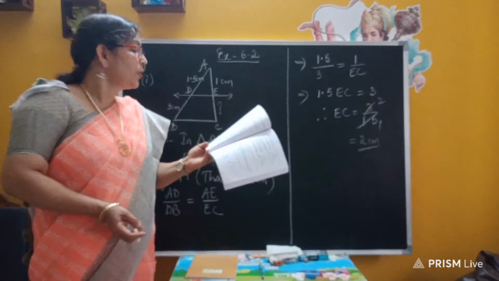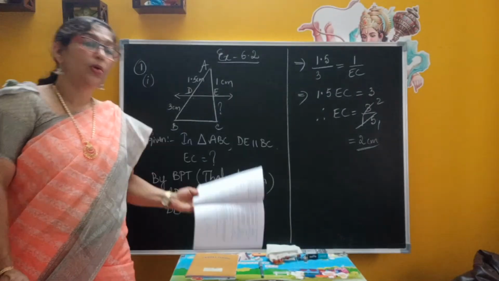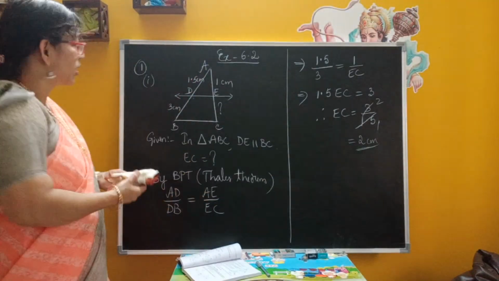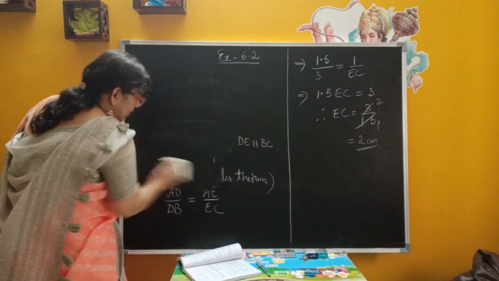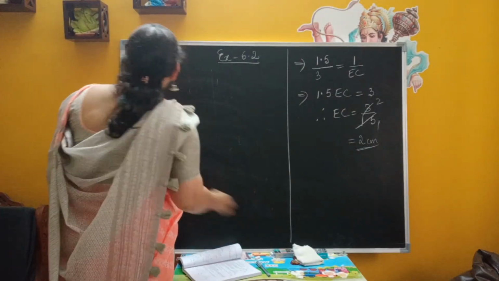E and F are points on the sides PQ and PR respectively of a triangle PQR. Here also a figure is given, but that is a different one, so we need to draw the figure for this based on the given data. So basically, we need to draw a triangle PQR. Let us draw triangle PQR.